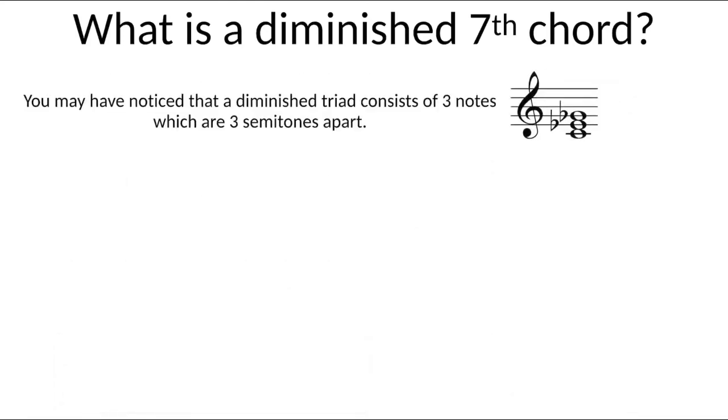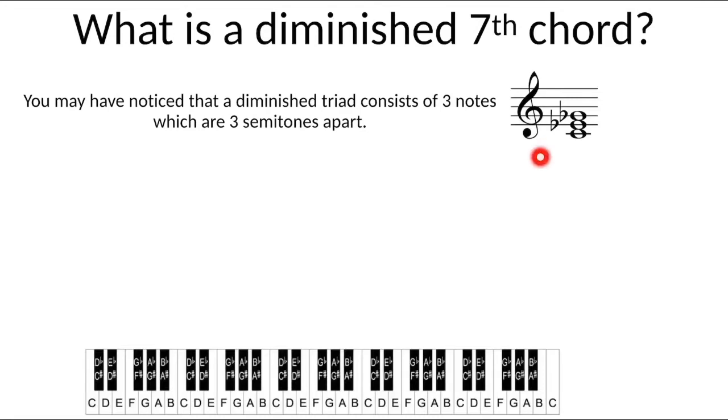And you may have noticed that a diminished triad like this consists of 3 notes which are 3 semitones apart. So from a C to an E flat, don't count the note itself, so 1, 2, 3, 3 semitones. And from an E flat to a G flat, 3 semitones.